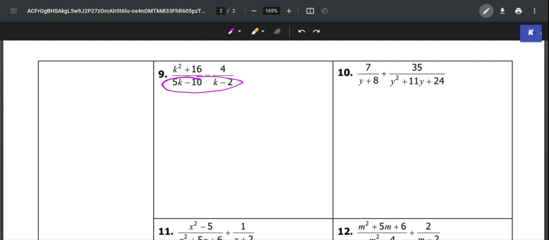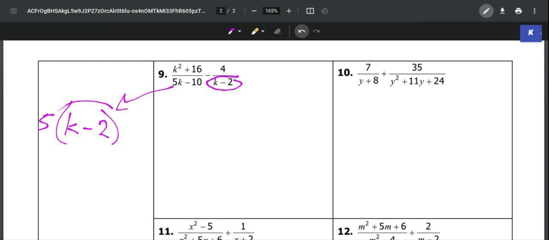So here's what you'll need to do first. Let's factor this 5k minus 10, because if we factor that, you'll notice that all we're really going to do is pull out a 5, and we'll be left with 5 times k minus 2 on the bottom of our fraction. The only difference between this side and this side is this 5. So the left side is actually our common denominator.